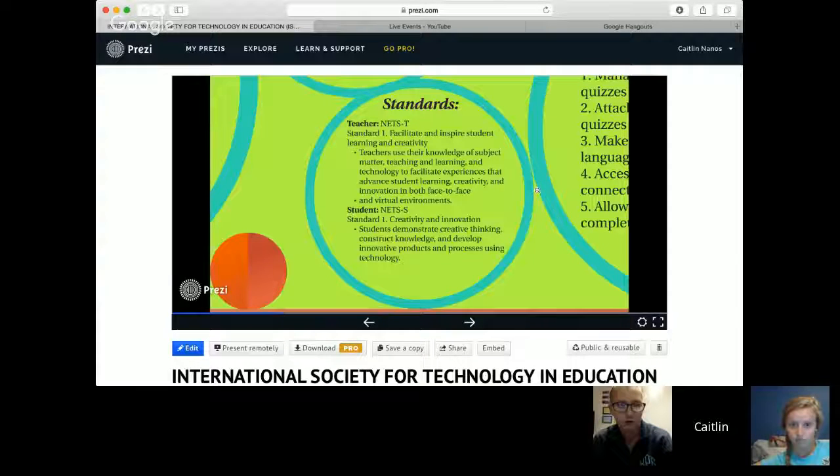And then the first student standard is creativity and innovation, which is students demonstrate creative thinking, construct knowledge, and develop innovative products and processes using technology. This helps students apply what they already know to generate new ideas or products, and it helps them create original works as a means of their own personal expression.